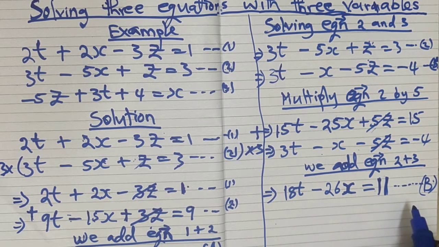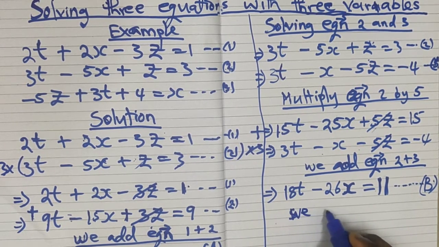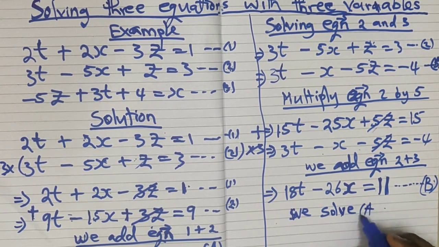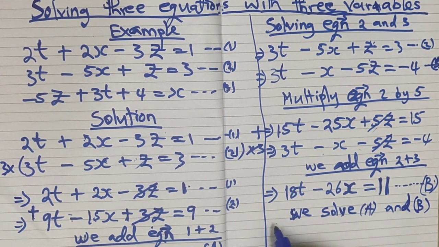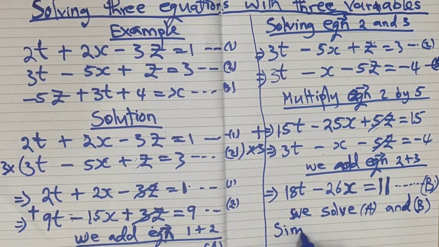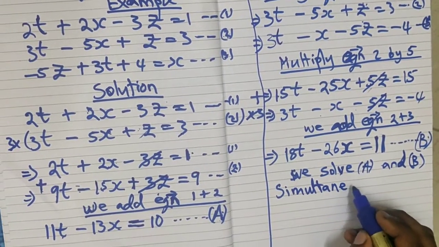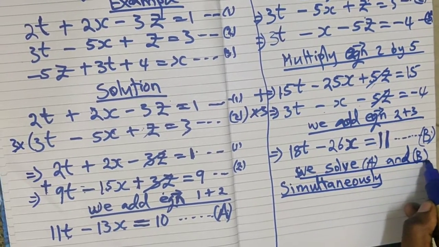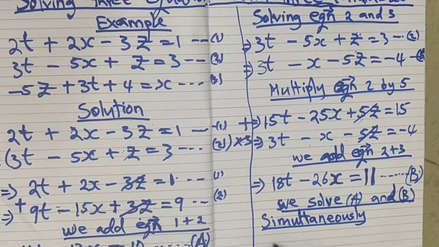So let's solve A and B simultaneously. I'm putting all this writing for you to understand. So this is our equation.